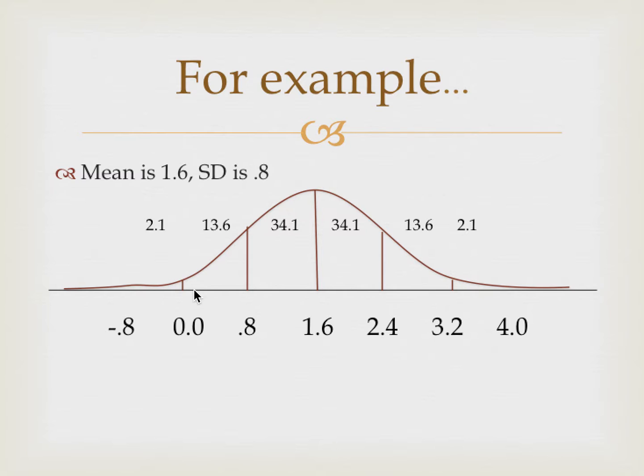From -1 to -2, 13.6. From the mean to 1, it's 34.1. Mean to 1, 34.1. 1 standard deviation above the mean to 2 standard deviations above the mean, 13.6. And 2 standard deviations to 3 standard deviations is 2.1.